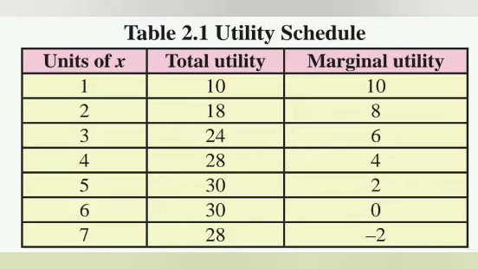Units of commodity X are 1, 2, 3, 4, 5, 6, 7, and total utility is 10, 18, 24, 28, 30, 30, 28, and the marginal utility column is 10, 8, 6, 4, 2, 0, minus 2. This table explains the relationship between total utility and marginal utility.